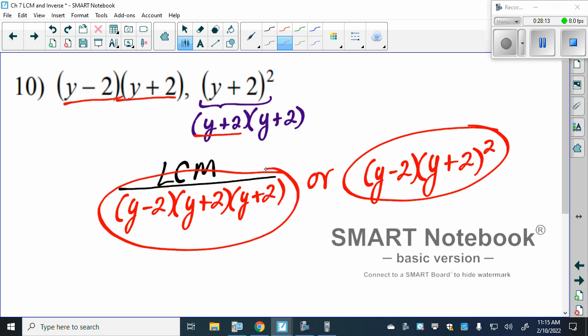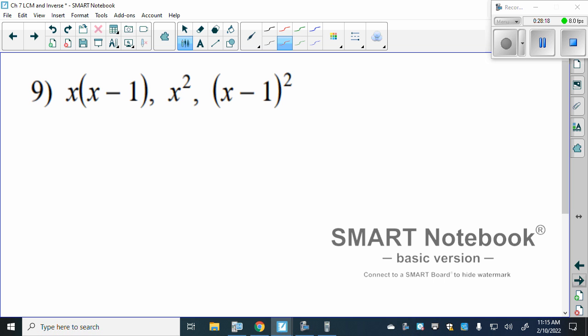Any other questions on this here? Let's look at the next one. Well, luckily, they do have them all factored for us, so we don't have to factor anything. But looking at these 3 here, what is something we know we need? x. We do need an x squared, yes? Because the middle one does have an x squared, and that also does satisfy the single x we do have in the first one.